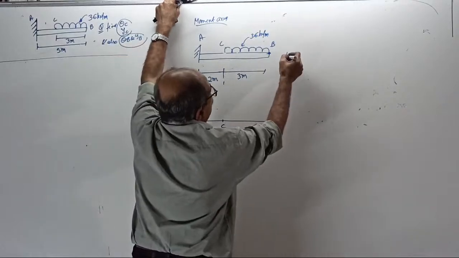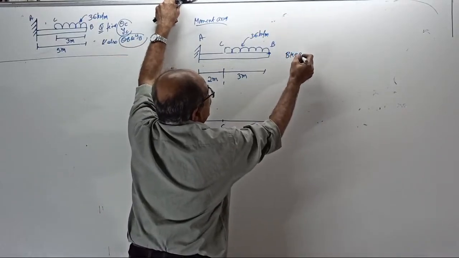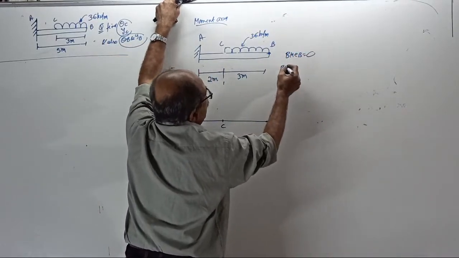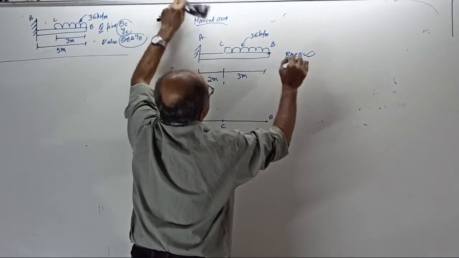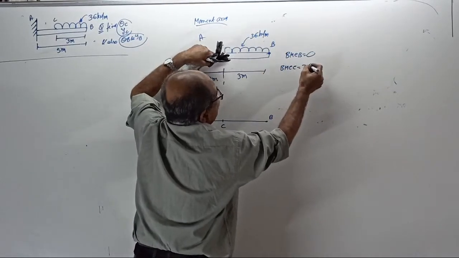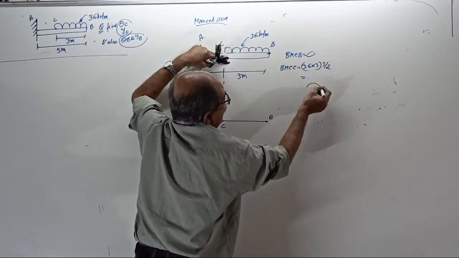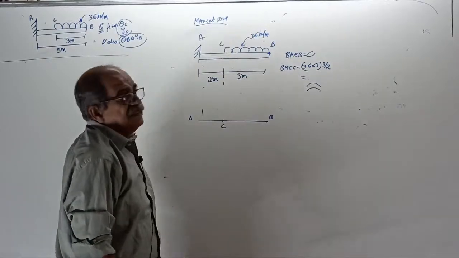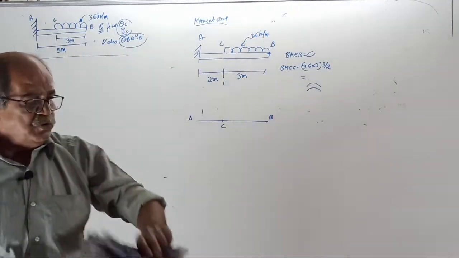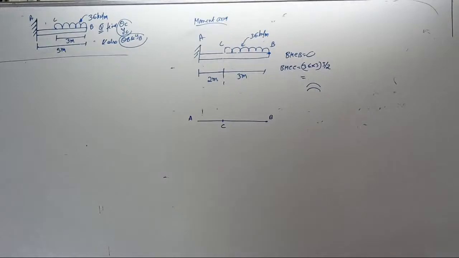See, BM at B, looking from the free end side, is 0. BM at C is 36 into 3 into 3 by 2. Sign not required. That much hogging BM. Answer.